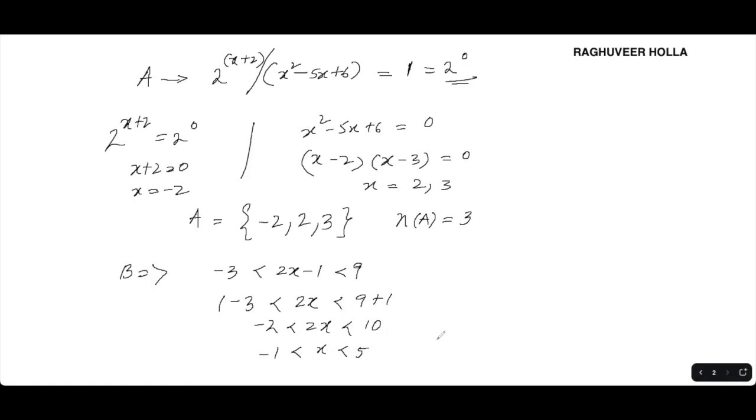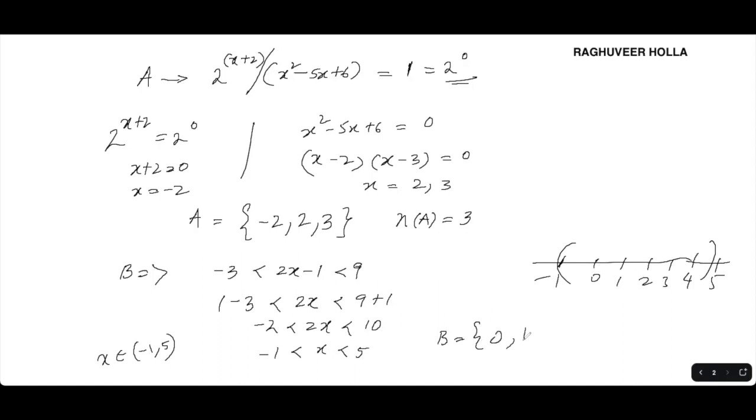So x belongs to that open interval, which is minus 1 and 5. So the elements inside this are 0, 1, 2, 3, and 4. So we got 5 elements in this.